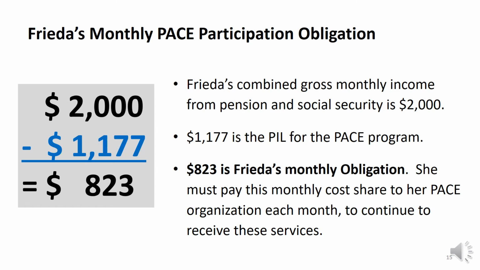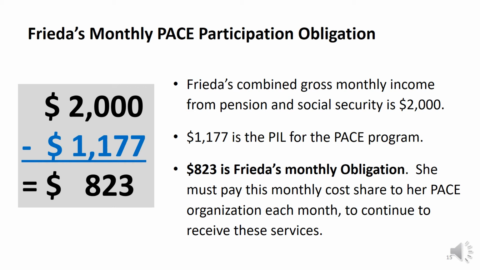Let's do an example of how to calculate a monthly PACE participation obligation, or the monthly cost share for PACE coverage. Frida, her combined gross monthly income before any deductions from pension and Social Security is $2,000 a month. The protected income level for the PACE program is the same as for the HCBS, or Home and Community-Based Services program.